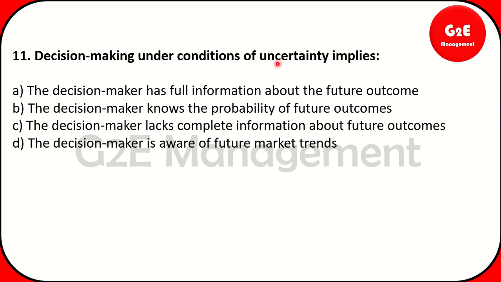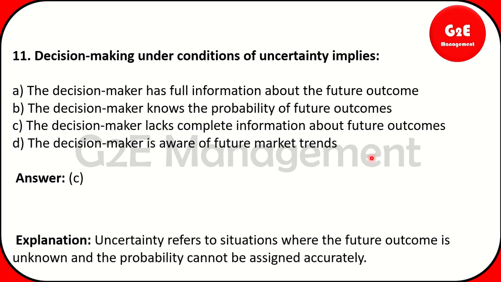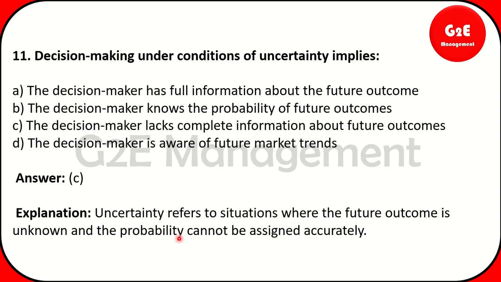When uncertainty comes while you are taking a decision, in a sense, there is a lack of complete information, right? If you know full information, you cannot say uncertainty. So the answer is C, the decision maker lacks complete information about the future outcomes. So it is unknown, and the probability cannot be assigned accurately. That is what they have given over here.